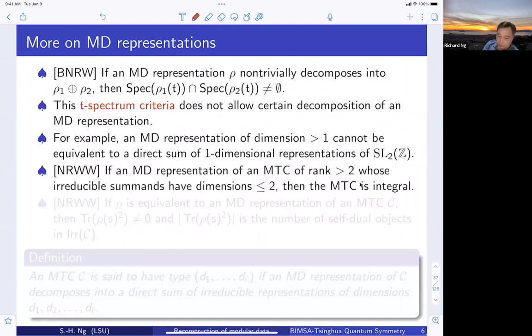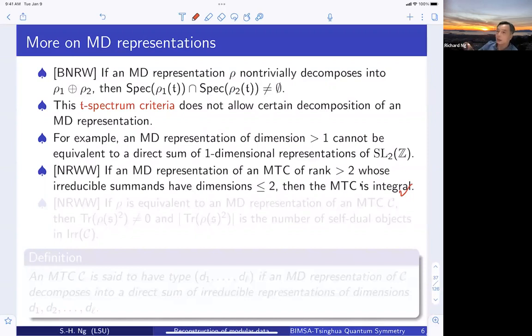The other one is also developed in the paper by myself, Eric Rowell, Zhenghan Wang and Xiao-Gang Wen. Basically, if you start with an MTC representation, the decomposition can tell something about the underlying tensor category. So if an MTC C of rank bigger than 2, where 2 is the borderline, has irreducible summands that all have dimension less than or equal to 2, meaning just 1 or 2 put together, then this MTC C is bound to be integral.